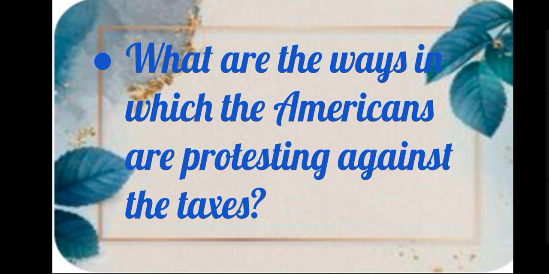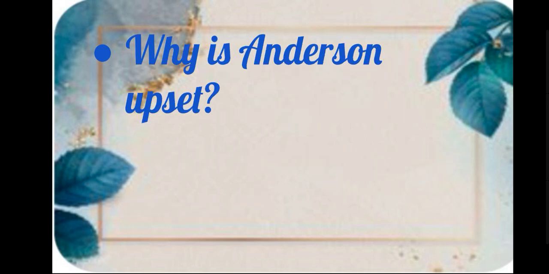Third question, what are the ways in which the Americans are protesting against the taxes? The fourth one, why is Anderson upset? You will get all these answers while reading the comic strip in S1. So you can pause the video here, read the comic strip, go through all these questions and answers, come back again, and join me. I'm here with a few of the next questions.